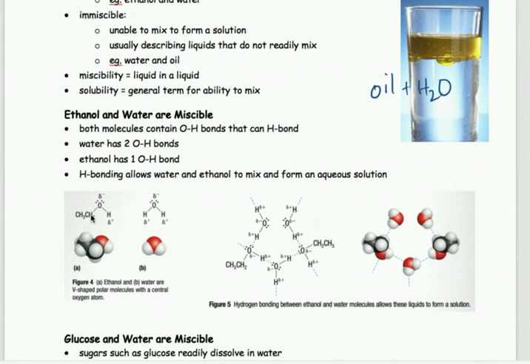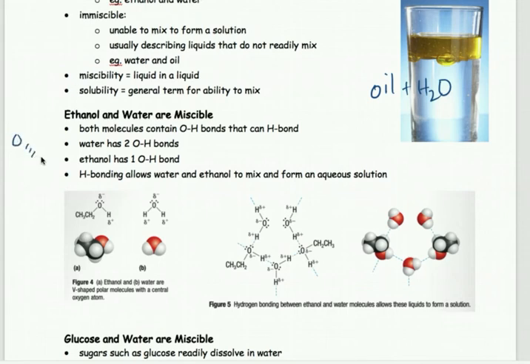If you look at both of the molecules here, you hopefully are very comfortable with the water structure now. Here is the structure for ethanol. So you have a bunch of CHs, and then you have this OH at the end, just like water has an OH. Water has the two OH bonds, and ethanol has one here. Like we looked at already, whenever you have an oxygen hydrogen bonding to a hydrogen on another compound, that's a really strong intermolecular force.